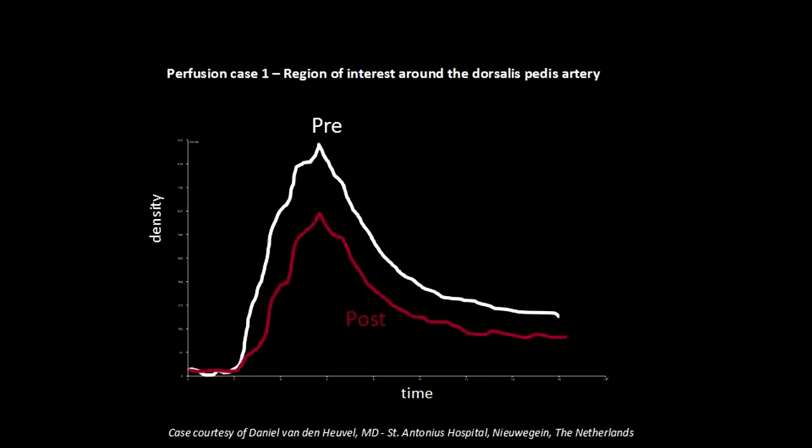And what do they tell us? You see that the arrival time, which is the part on the x-axis, the time it takes for the contrast to reach this artery, hasn't changed. But you do see that the peak before the treatment is higher than after the treatment, suggesting that there's actually less blood flowing through this artery. And if you think we're looking at a stealing effect here, you're probably right.